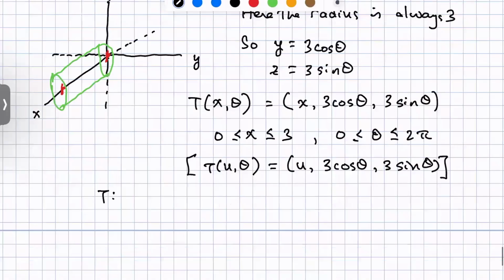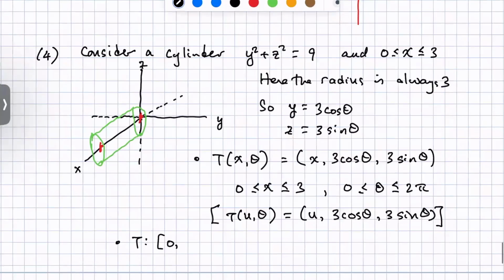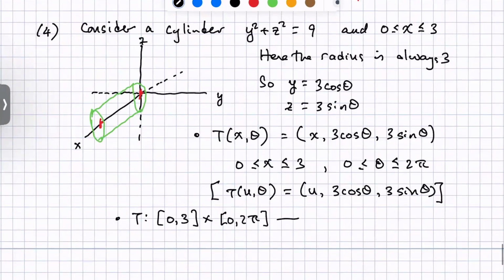And the other way to write it, of course, is T goes from 0 to 3, cross 0 to 2 pi, to R3, given by T of u, theta equals u, 3 cosine theta, 3 sine theta.